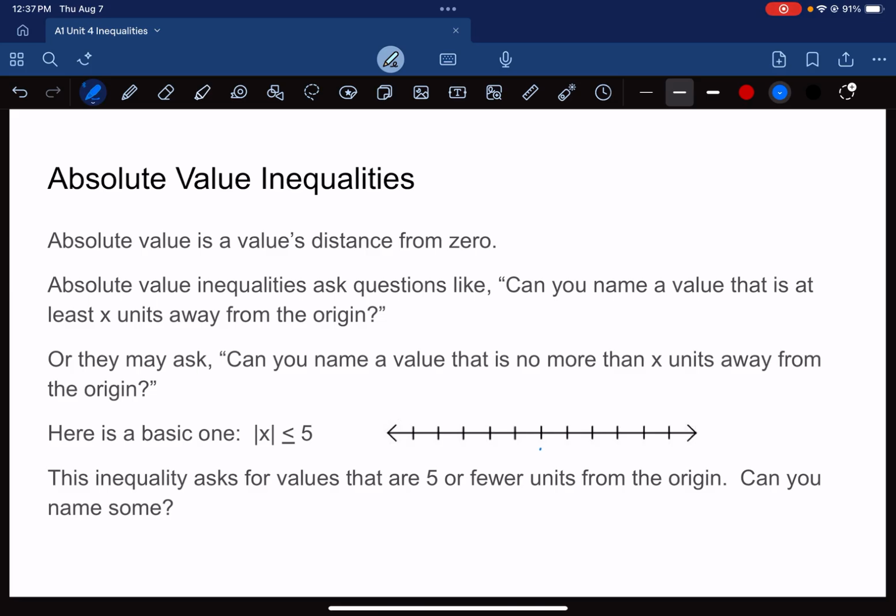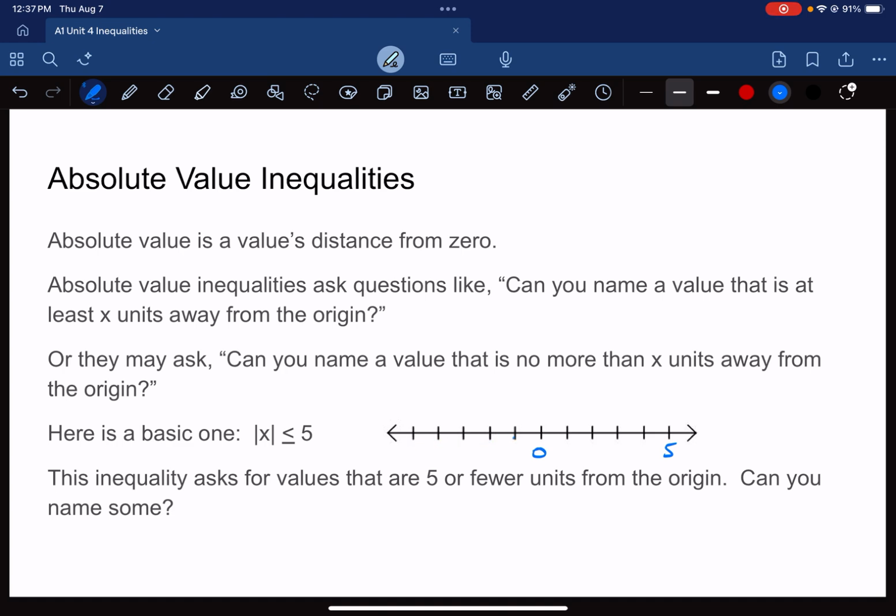So if you put 0 right here in the center, then we're talking about values that have to be less than or equal to 5 units away. Well, I can go out 1, 2, 3, 4, 5 units to the right, and those values are less than or equal to 5 units from 0. And I can go to the left, -1, -2, -3, -4, -5.